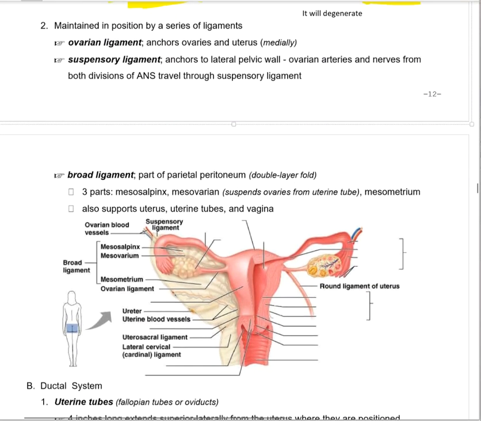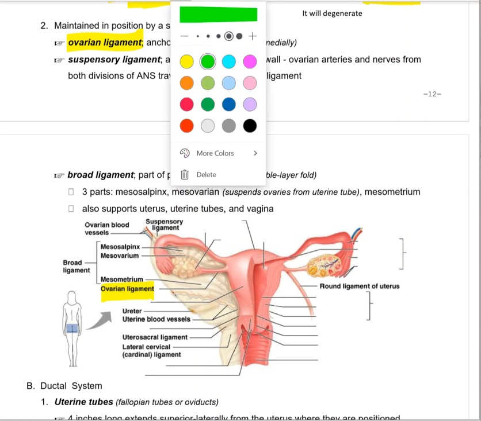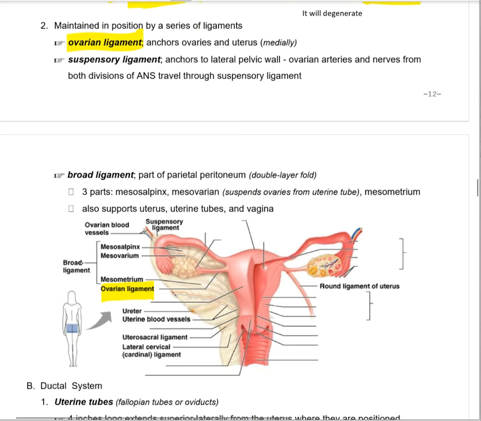Now you can see here's a better view where you can see the ovary on either side. They've made a cross section of it, and it's held by a couple ligaments. So we have the ovarian ligament, which is right there, and we have the broad ligament, which is the multiple things that are these very thin membranes, which are right here.